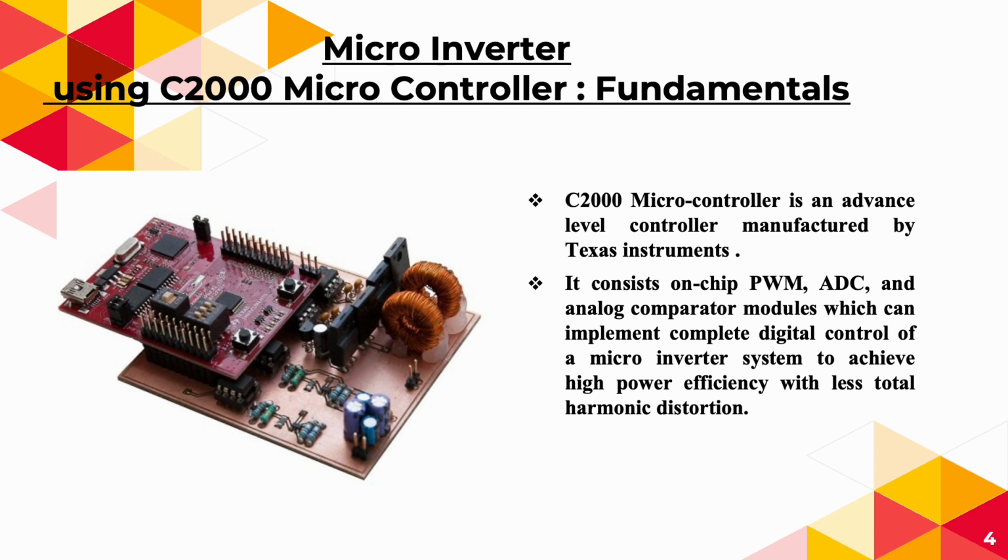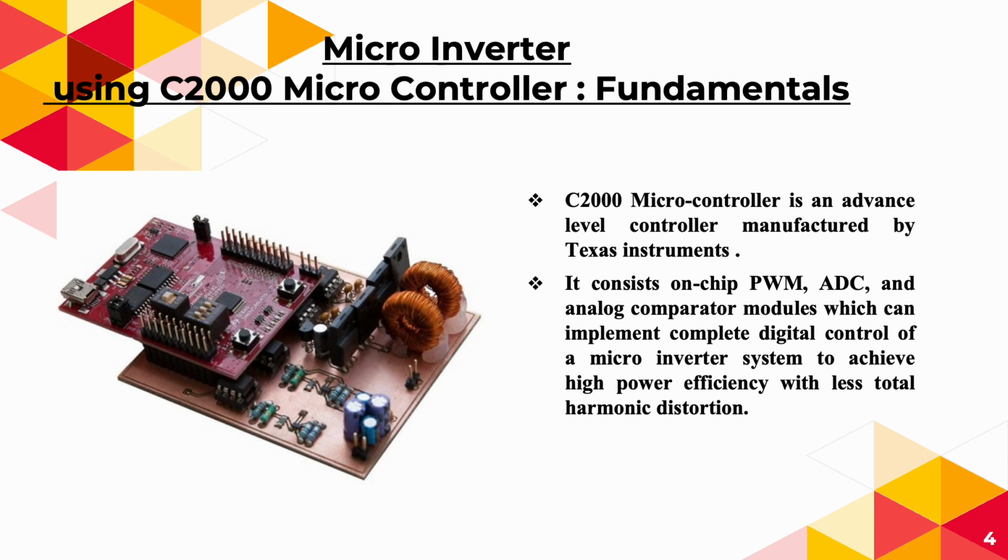My project is based on the C2000 microcontroller, which is manufactured by Texas Instruments. Let us look at some fundamentals of this controller. It is a very advanced onboard controller, and every block is already there on its board, like the PWM, which is the pulse width modulation module, analog to digital converter, comparator module, and everything.